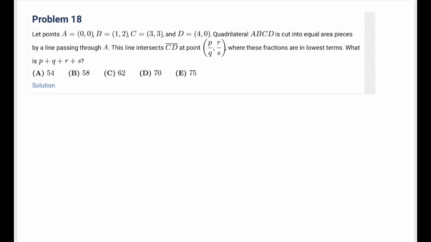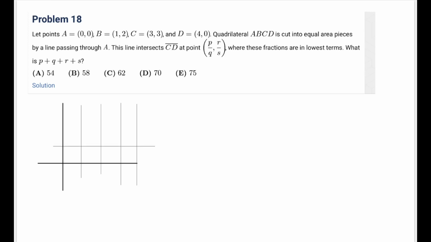Okay, so let's just write out ABCD, and make the grid lines a little thinner, like that, and then 0, 0 will be here, 1, 2 will be here, 3, 3 will be here, 4, 0 would be here.